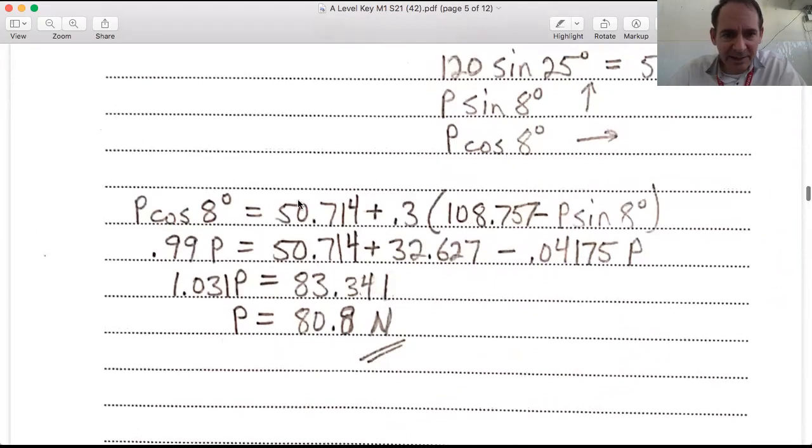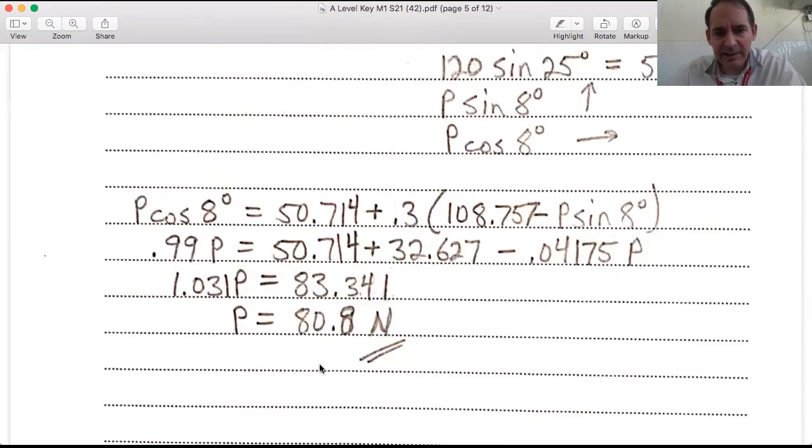So we've got everything now down to our letter P. We just got to get the P by itself. Over here, we get 0.99 P equals all of this. Distribute your 0.3 through. 0.3 times sine 8 is 0.04175. Add this P over to the 0.99, get 1.031 P equals, add those two together, get 83.341.